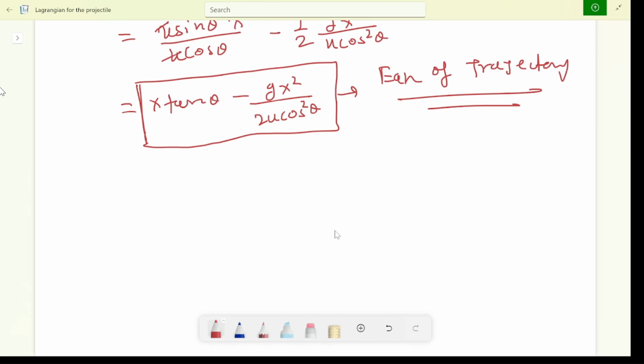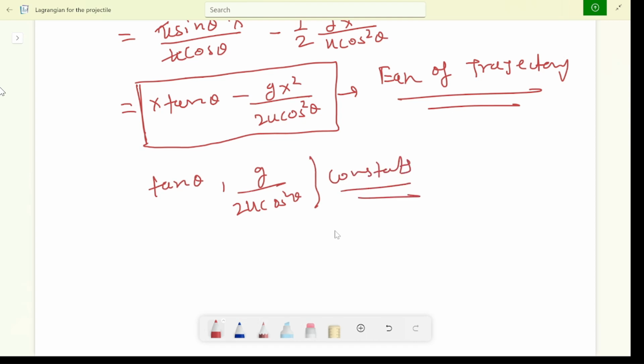Now this equation may not look very familiar at first, but notice that tan theta and g by 2 u square cos square theta are all constants.